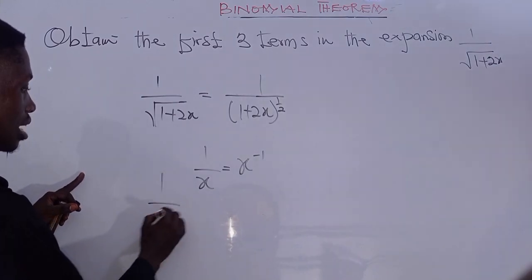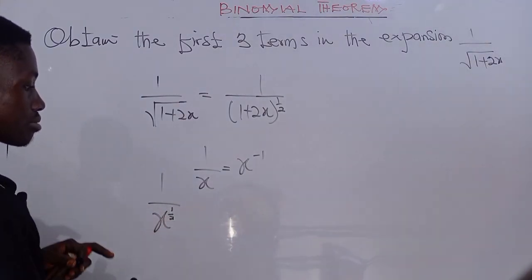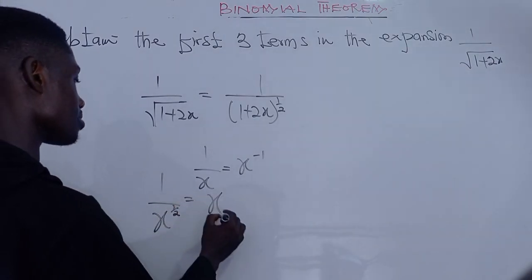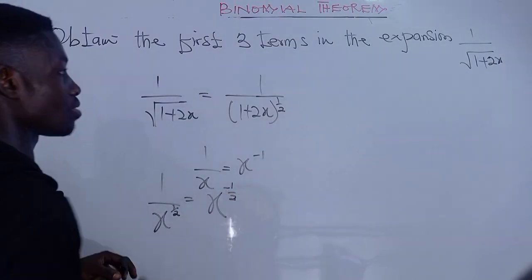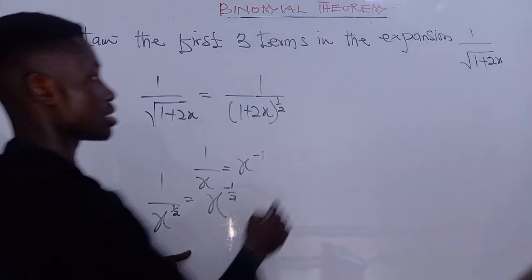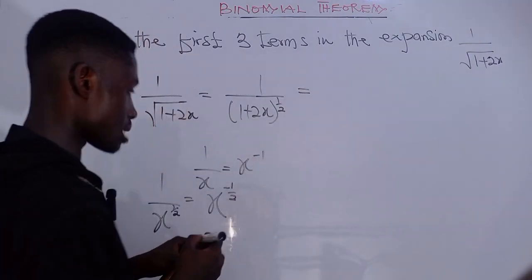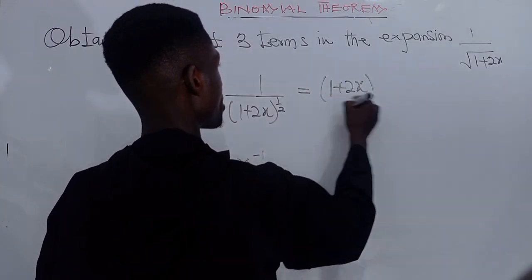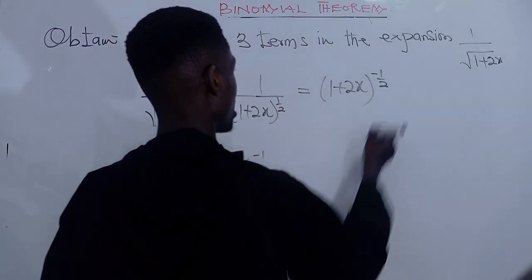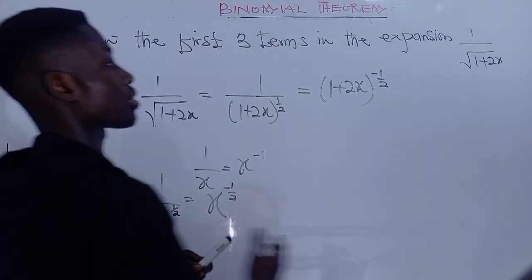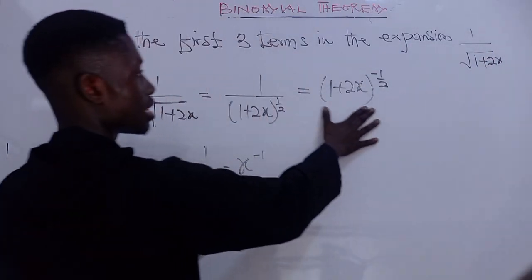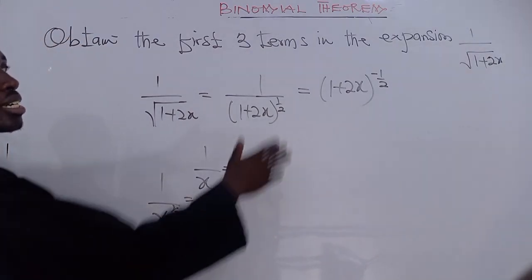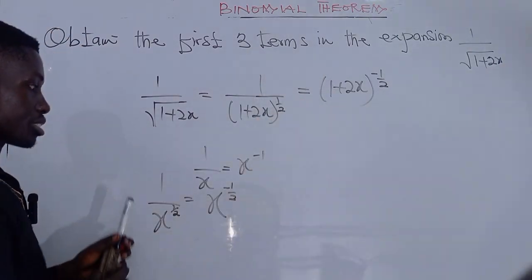If you are having 1 over x raised to the power half, it is the same as x raised to the power negative 1 over 2. So this binomial expression will be 1 plus 2x all raised to the power negative 1 over 2. This is what we are going to use to expand this binomial expression.